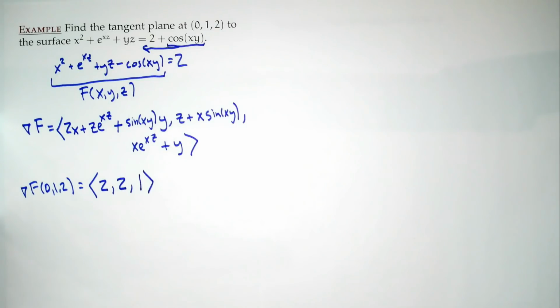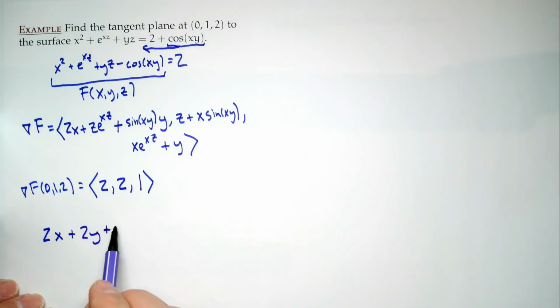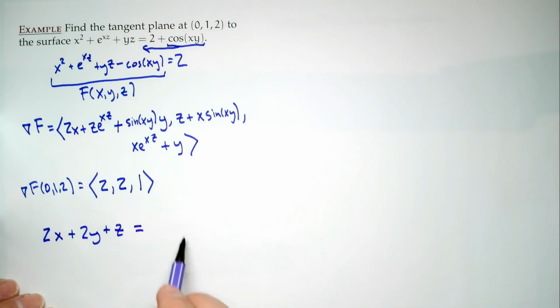Of course, when we say the normal vector, we really always mean a normal vector, because there are many possible normal vectors. We just need one. The gradient gives it to us. So the 2, 2, 1, those are the coefficients: 2x, 2y, and 1z. So the last part to finish off the plane is to say what goes over here. Well, how do you figure out what comes down the other side?